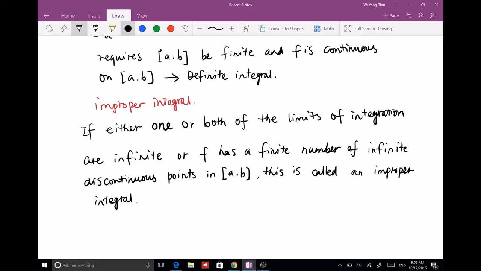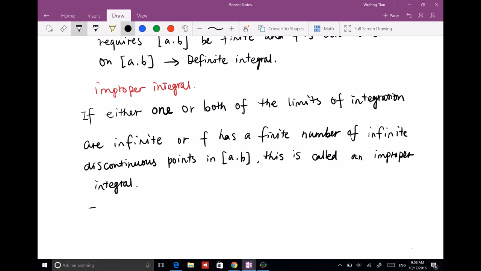Okay, so if one or both of the boundaries are infinite, or f has a finite number of discontinuous points in that interval, this is called an improper integral because it involves infinity. For example, from negative infinity to 2 of 1 over x squared dx.